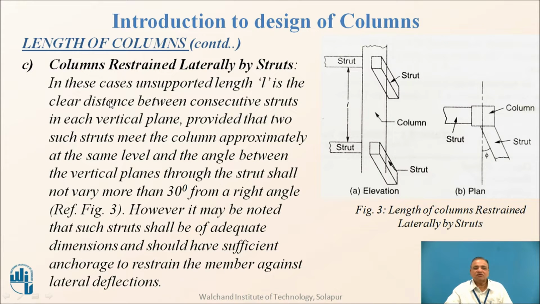Again, in the case of columns restrained by lateral struts, usually the struts will be at 90 degrees, or in some cases there may be a little variation. If it is a maximum of 30 degree variation in the plan, then also we consider it laterally restrained. So this is the length between the two struts which we consider as the unsupported length of column.